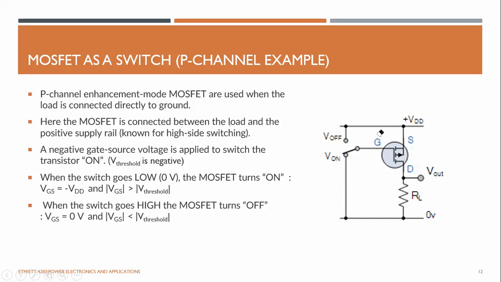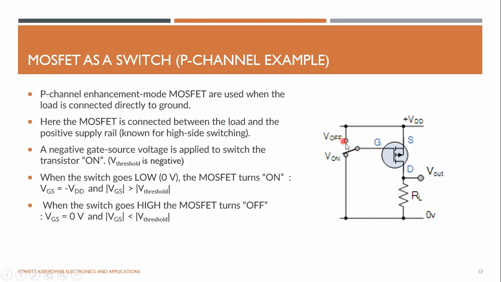Now, when you connect this switch to the off state, which is when you connect the gate to VDD, the gate voltage is VDD and the source voltage is VDD. VGS is the gate voltage with respect to the source, which means when they are at the same voltage, the voltage difference is 0, so VGS is 0, which means its amplitude is lower than the amplitude of the threshold voltage.